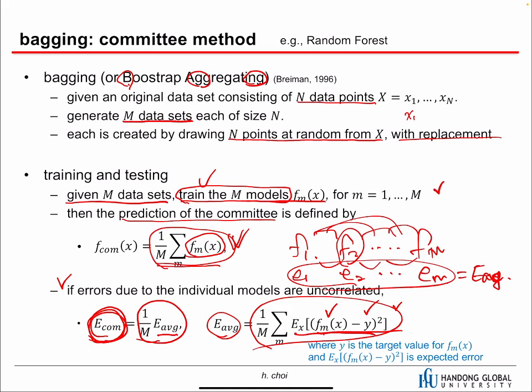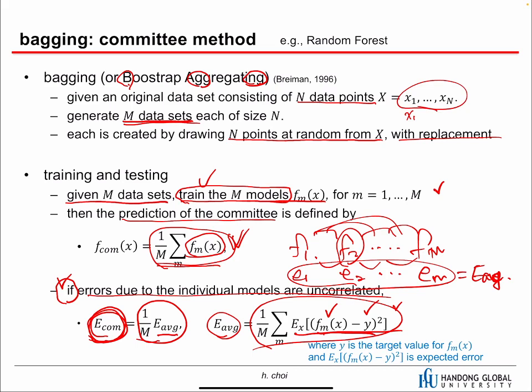So if we increase the number of models, then the error goes down again and again. But practically, this is not possible because this condition will not be satisfied. Think about this data set. We have m data sets, but even though we select these endpoints randomly with replacement, this selection is still from the same data set, and then the m data sets are quite similar.